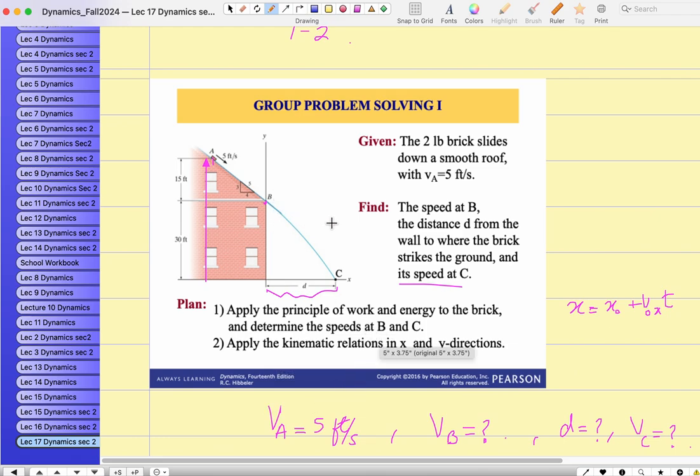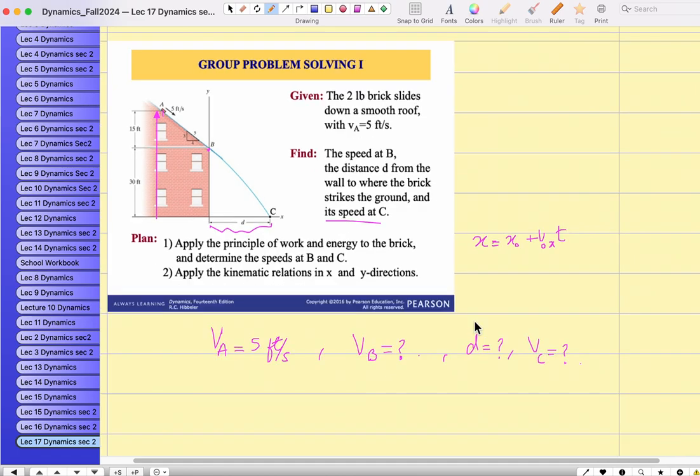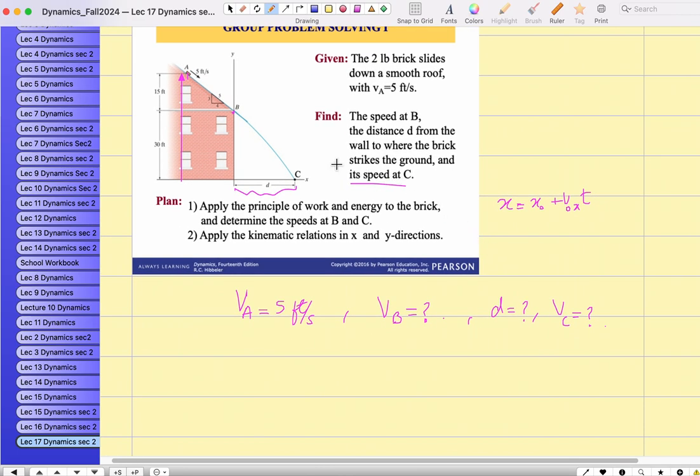The slope is also given here, 3, 4, 5. Find the speed when it is at location B, find the distance or the range of the projectile from this location B to C, and also find the speed when it lands on the floor or the ground at location C.